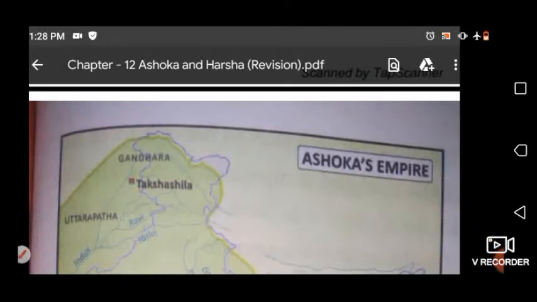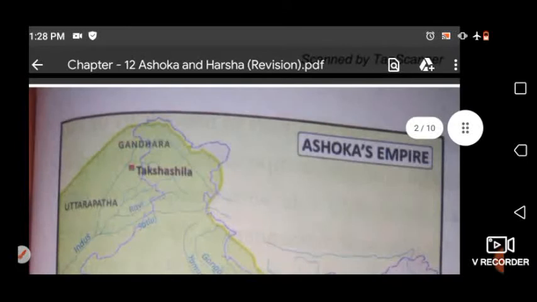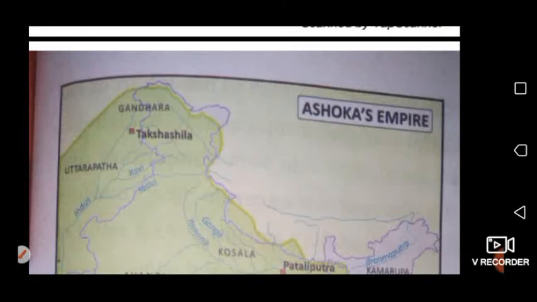By 450 BCE, the kingdom of Magadha had become the strongest and the largest of them all. It was ruled at that time by the kings of the Maurya dynasty. One of the greatest kings was Ashoka. Ashoka was a king of the Maurya dynasty, and he ruled over Magadha.